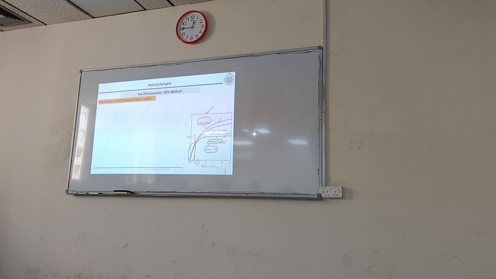If it was 1, both MCP products are the same. But as you increase, one of the fluids is responsible for a high H, and this high H is actually affecting you.